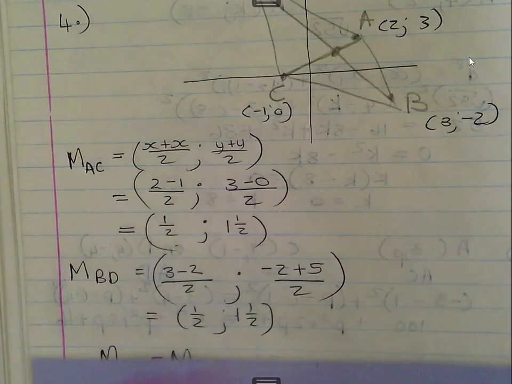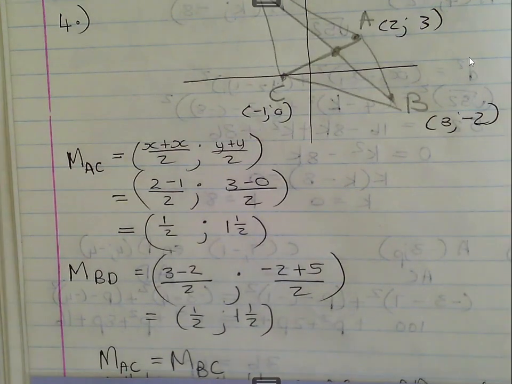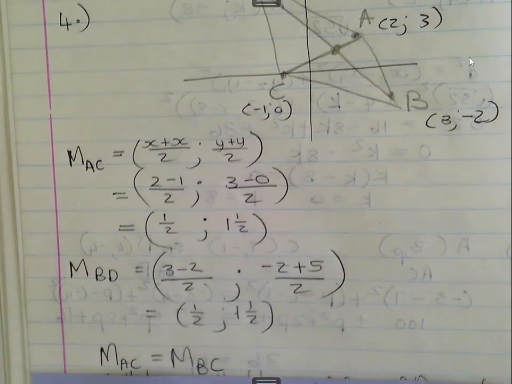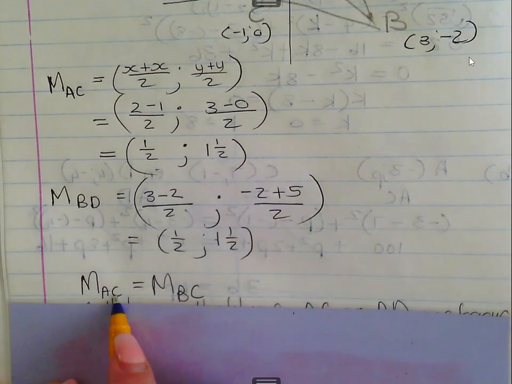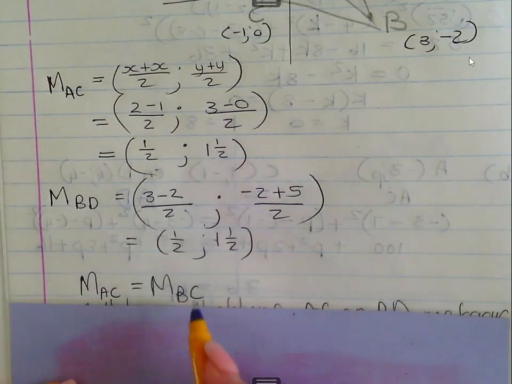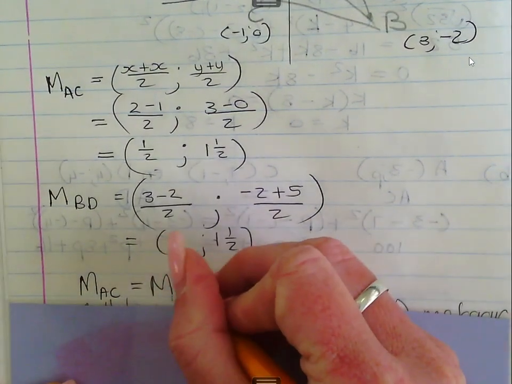And now you see, midpoint we show with a capital letter M, né? And gradient will be a small letter m. So I say the midpoint of AC is equal to the midpoint of BD, sorry.